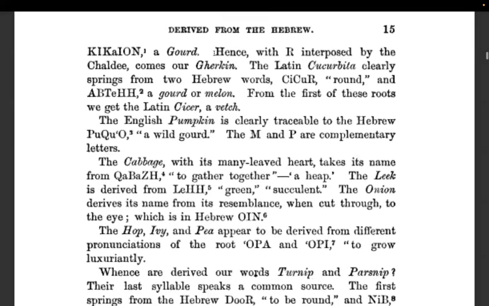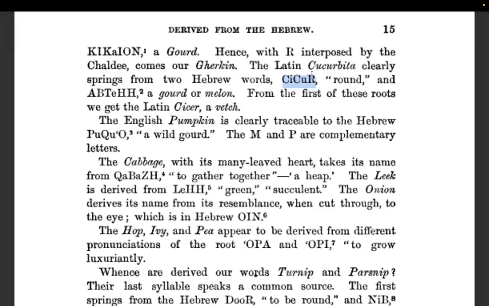kilion, a gourd. Hence the R interposed by the Chaldean comes our gherkin. The Latin cucurbita clearly springs from two Hebrew words. Kirkur, round, circur, where we get our word circle, right?